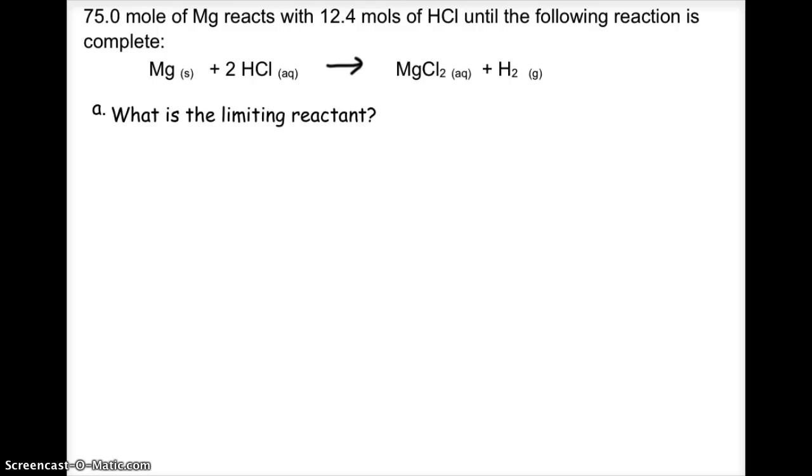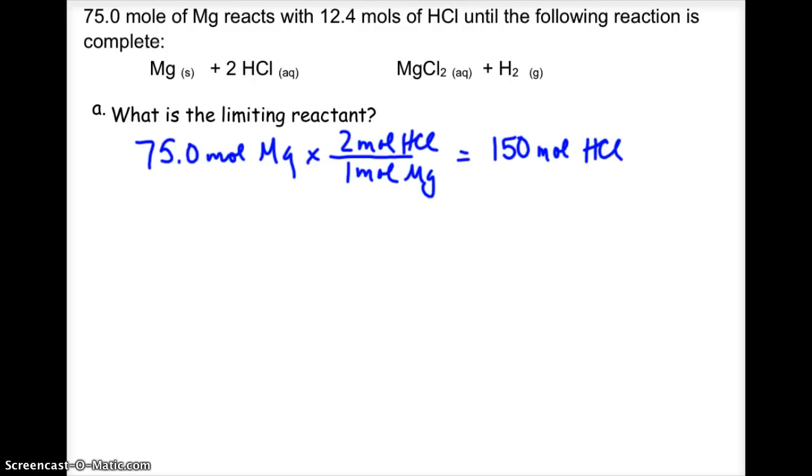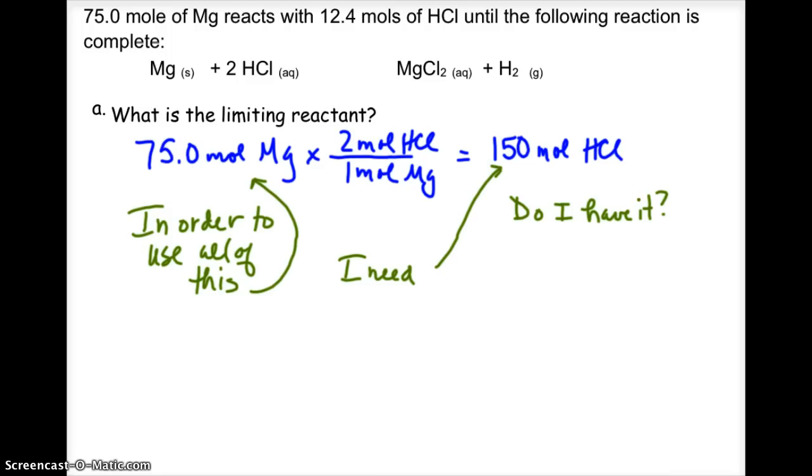Well, to do that, the first thing you would have to do is pick one, and I picked magnesium. I had 75 moles of magnesium. I did a mole ratio to figure out how much HCl would be needed, and then I used that logic. In order to use the 75 moles of Mg, I need 150 moles of HCl.